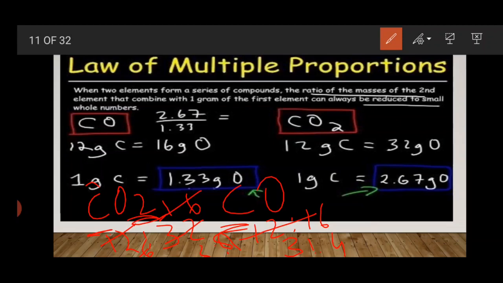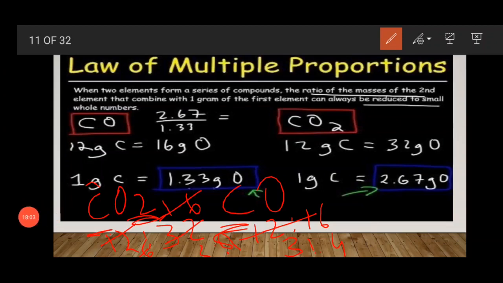So this proves that during a chemical reaction between two elements, it is not necessary that only one type of product gets formed. It depends upon the amount of the second element. If we change the amount of the other element a little bit, we get another compound, which proves the law of multiple proportion.